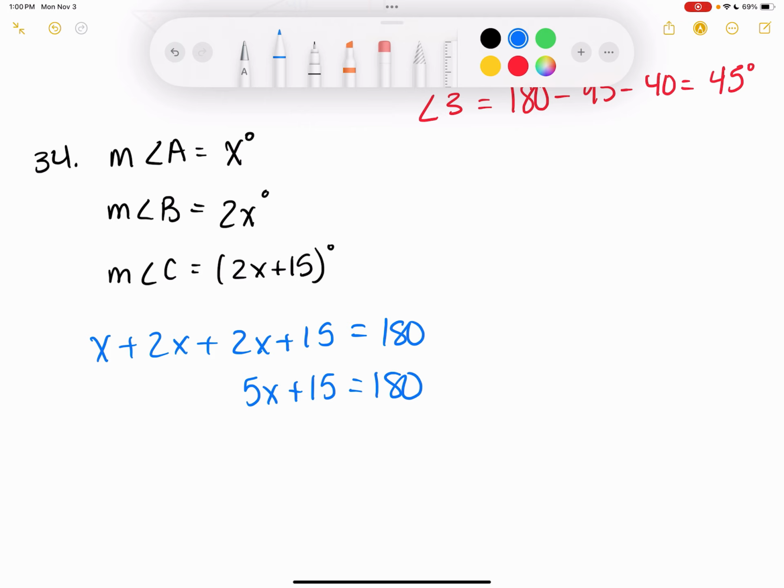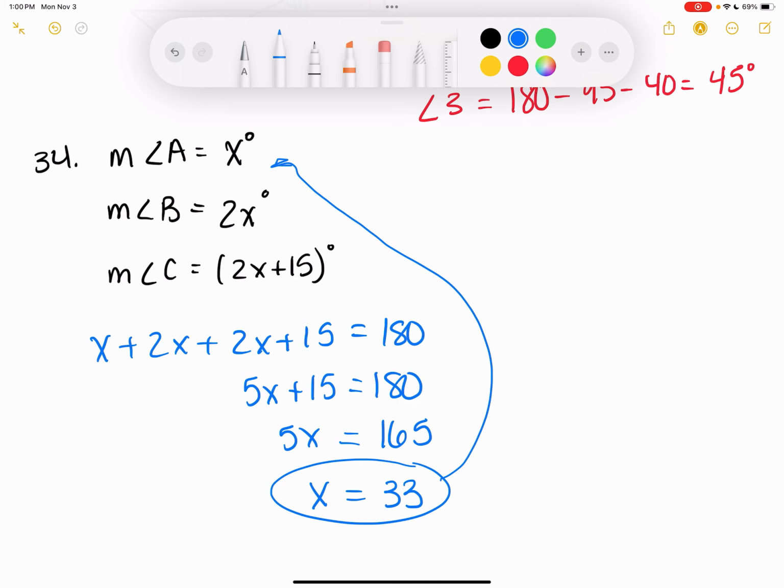Subtract 15, 5x is equal to 165. And then divide by 5, x is equal to 33. So this value is now going to get plugged in up here for x in each of these equations. Okay?